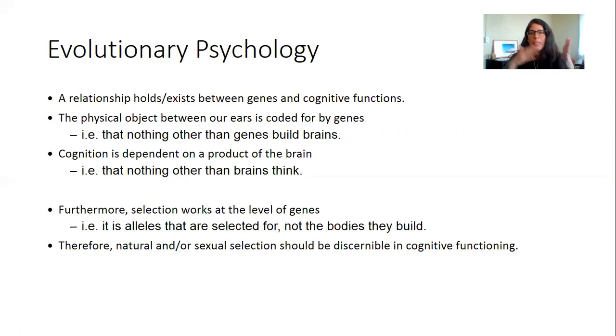Our behavior is mental activity. And there's nothing else other than brains that think. So if cognition is dependent on the brain and the brain is coded for by genes, then there is a relationship that exists between genes and cognitive functions. And so evolutionary psychology is looking at cognitions and behaviors as they relate to the process of evolution.